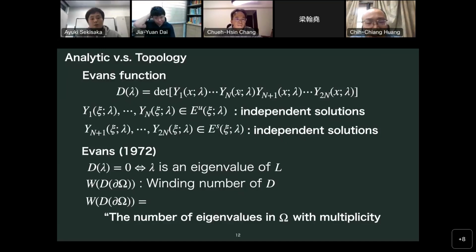Evans first and originally showed in 1972 that the eigenvalues of L coincide with the zeros of the Evans function. Using the winding number of an analytic function, we have a similar result for the stability index: the winding number of the Evans function on the boundary of omega is equal to the number of eigenvalues in omega.